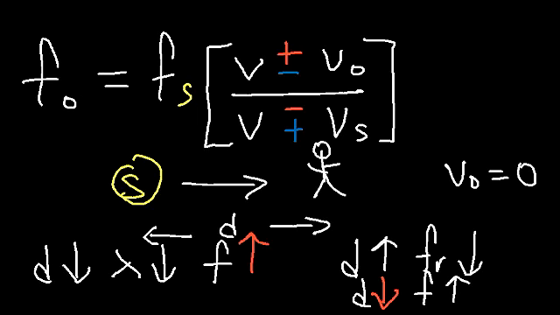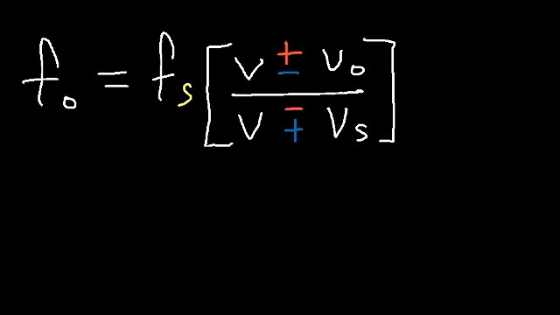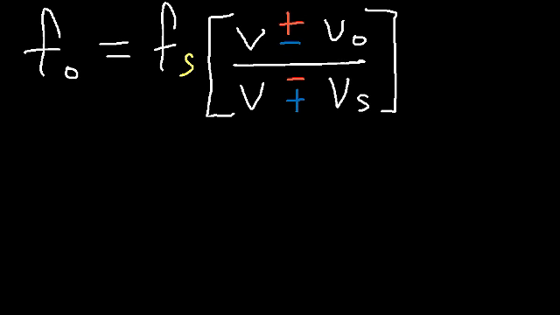Let's try another example. Let's say the source is moving away from the observer, what's going to happen? Once again, we don't need VO.